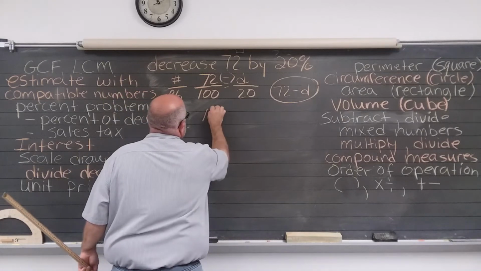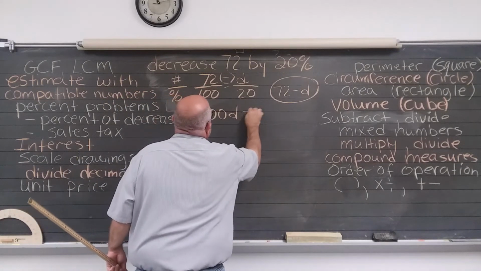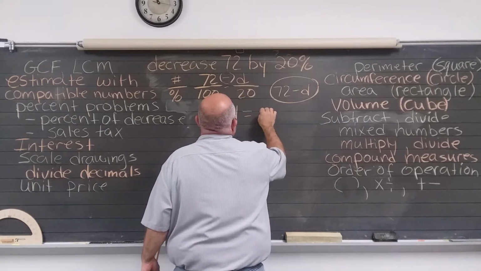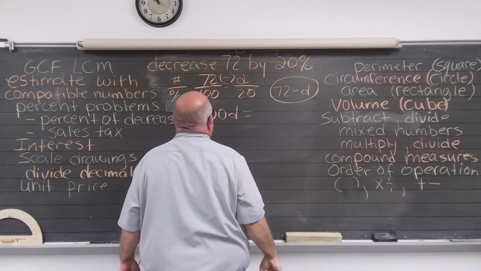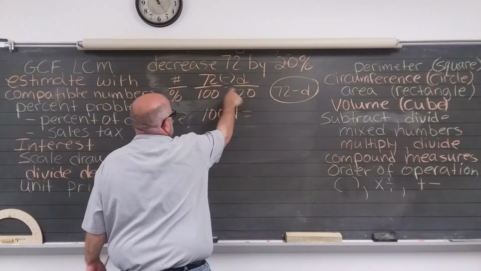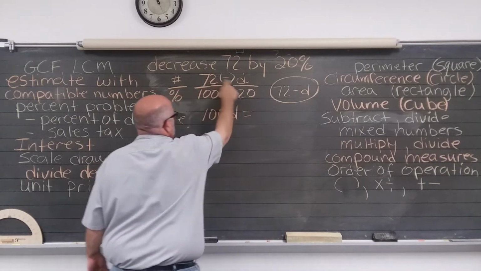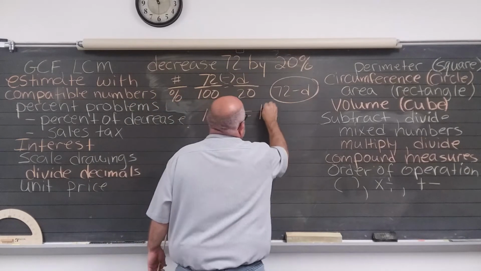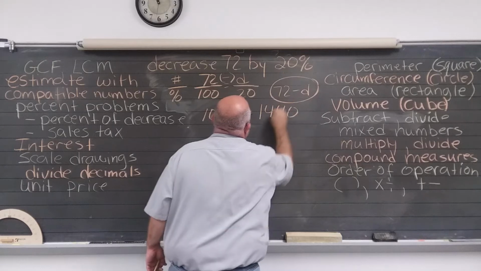So you have 100 D equals what? 72 times 20. What's 72 times 20? 1440. Know that. You always multiply this. 100 times D equals 72 times 20. That's 1440.